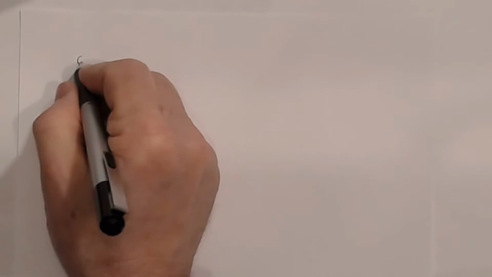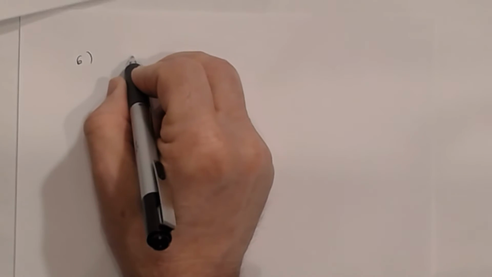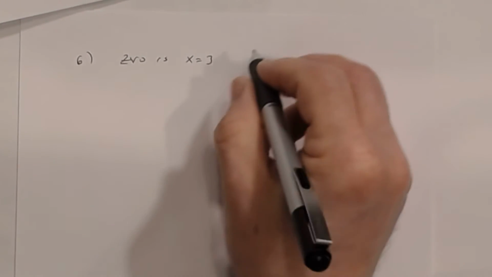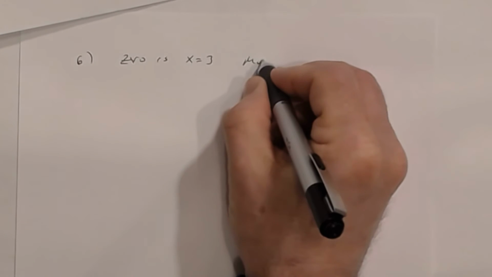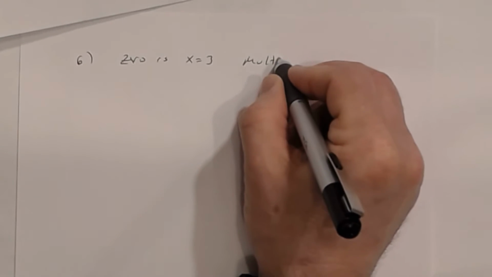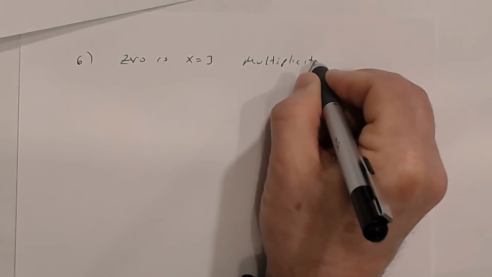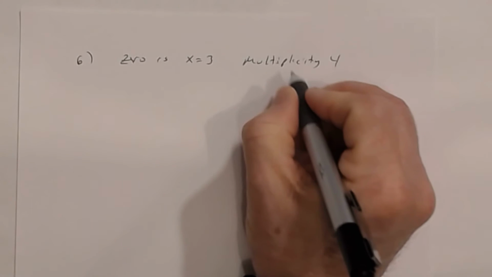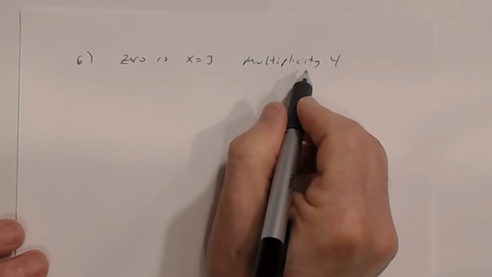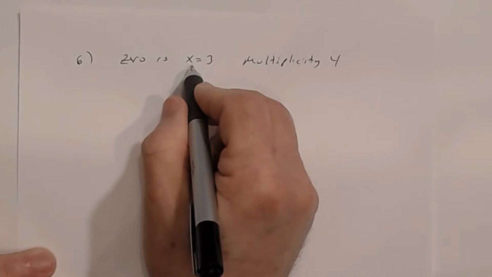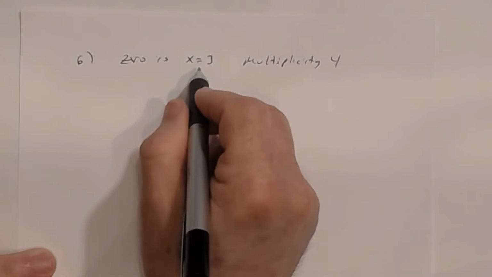So in number 6, you're told that a 0 is x equal 3, but that zero has multiplicity 4. All right. So what that means is that this 0 occurs 4 times. All right. So if x equal 3, and that's the only 0 now, the only 0.